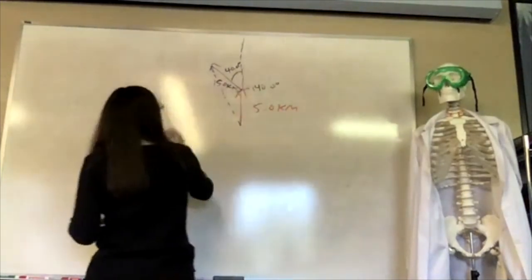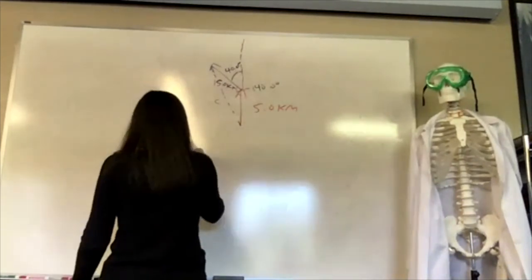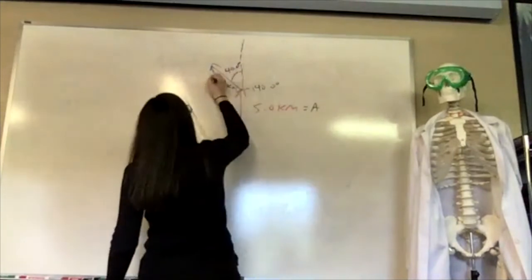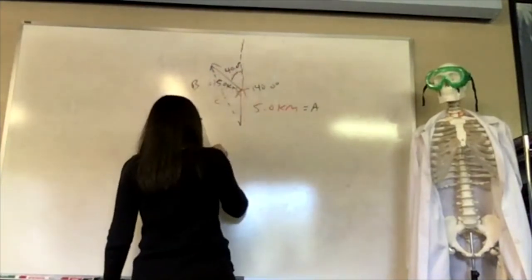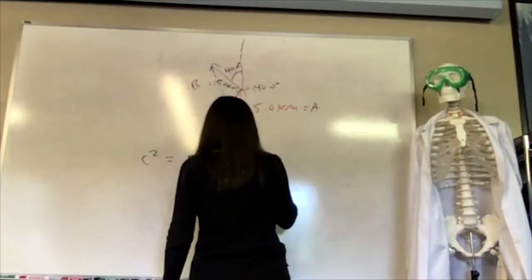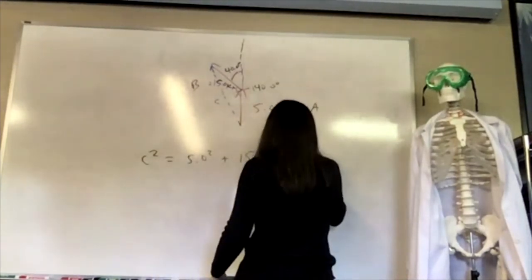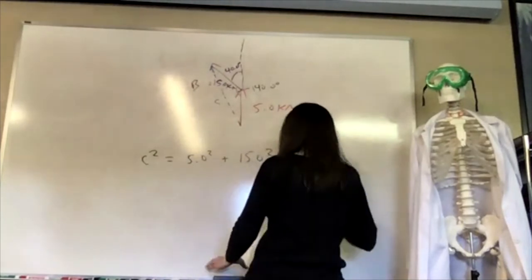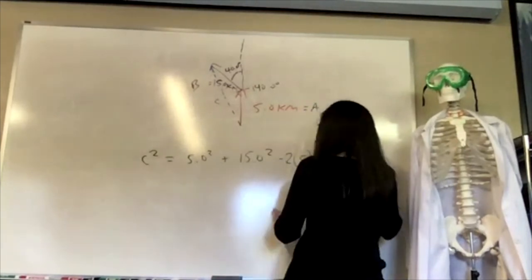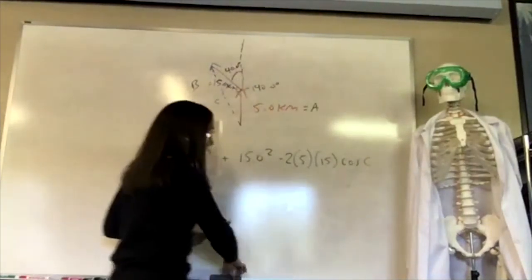Okay, so we say that this is side C, and C squared equals, doesn't matter which one's B or A, we'll just call this one A and this one B. So we have 5 squared plus 15 squared minus 2 times 5 times 15 times cosine of C. Oh yeah, we know C is 140 degrees.